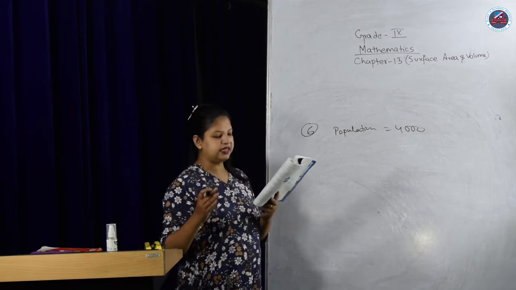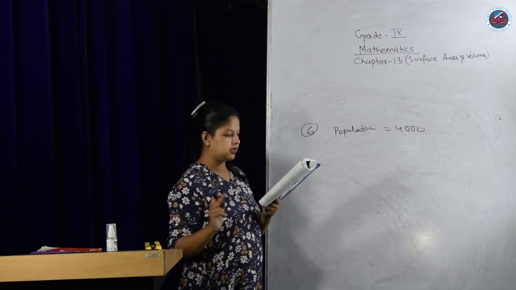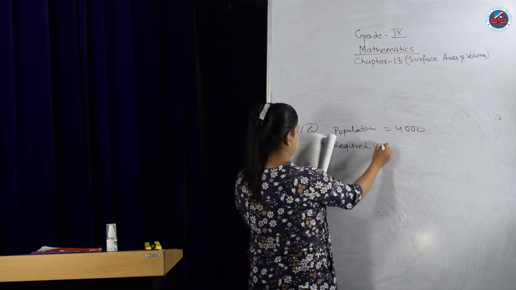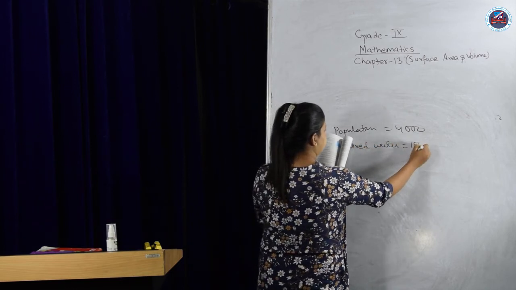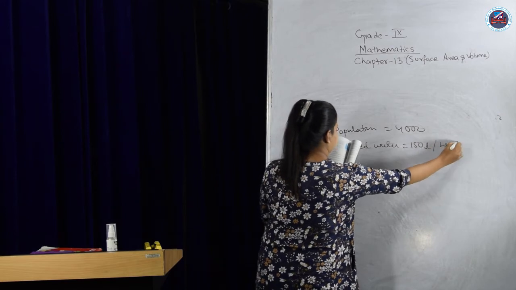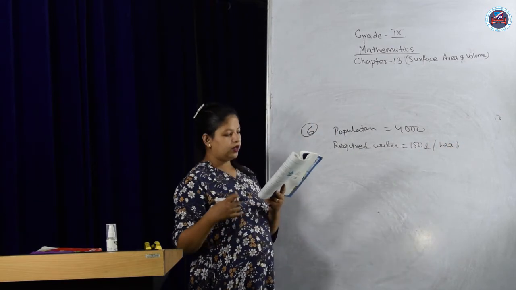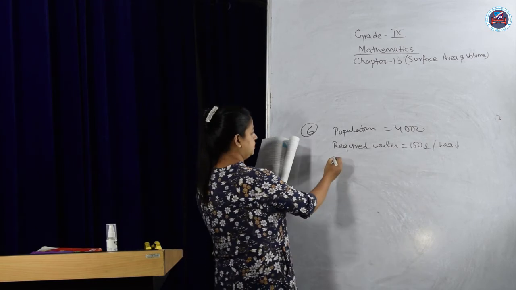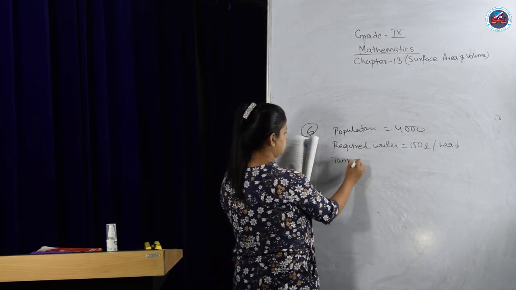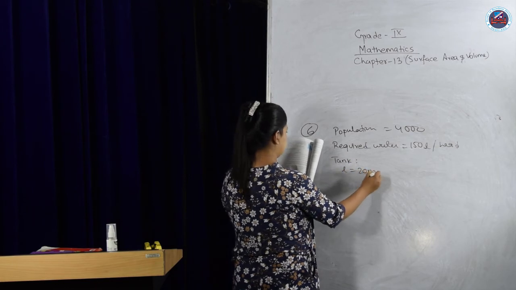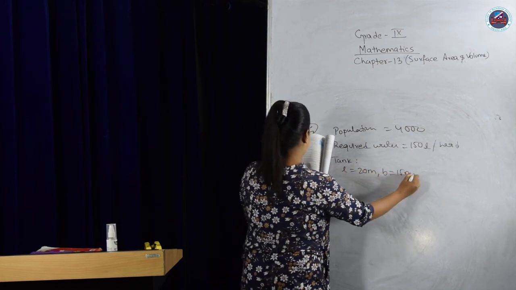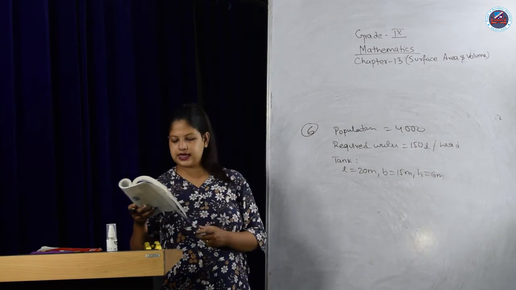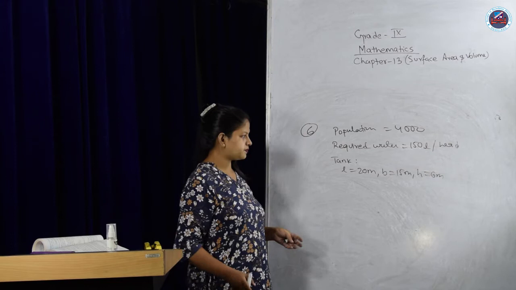Each requires 150 liters of water per head in a day. It has a tank, and the tank measurements, length, breadth and height, are given. For how many days will the water in this tank last is the question.